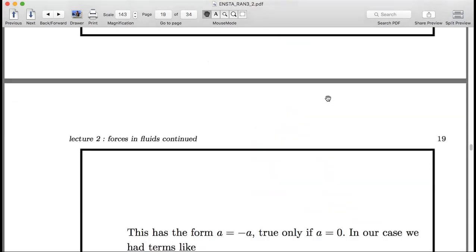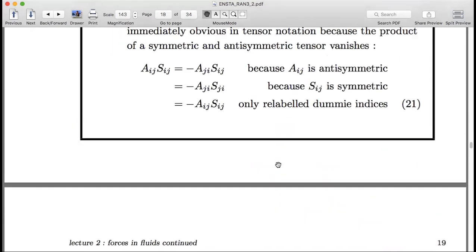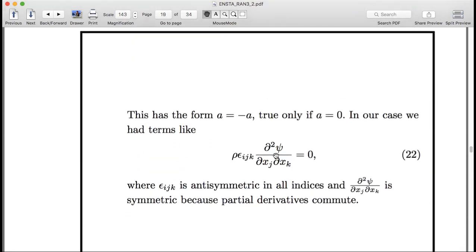Here I have another term, not for the pressure, but when I take this derivative of rho times d psi by dxk, I get two terms, right? By the product rule, I can take out the rho, and then I apply this derivative to just the d psi by dxk. That's what I'm doing here.